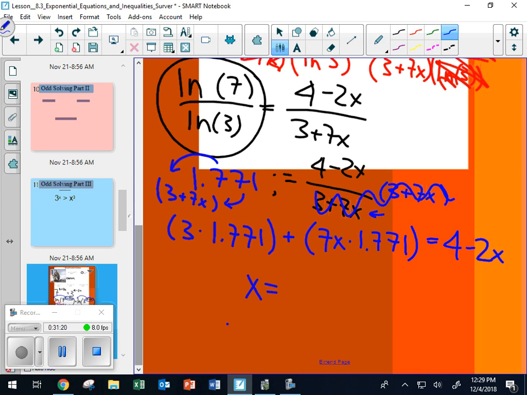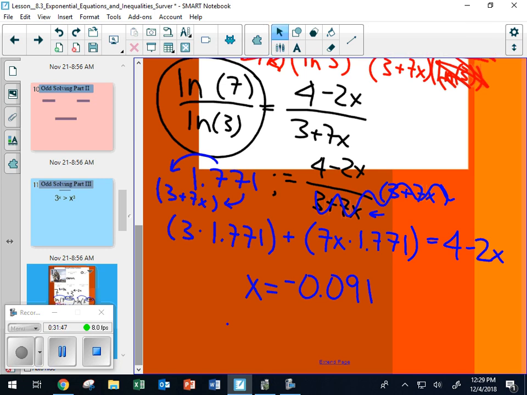And the x value should be the same for everyone, regardless of how you solve. Yes. Negative 0.091. Confirmation? Who else got this? Awesome. Okay.